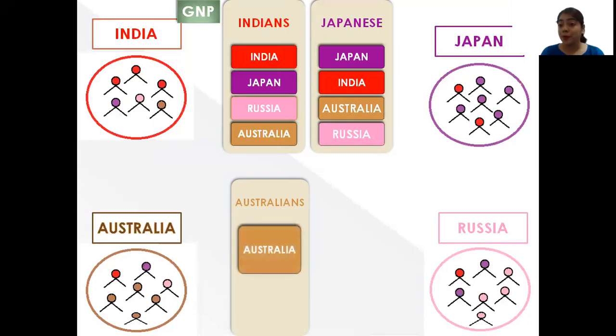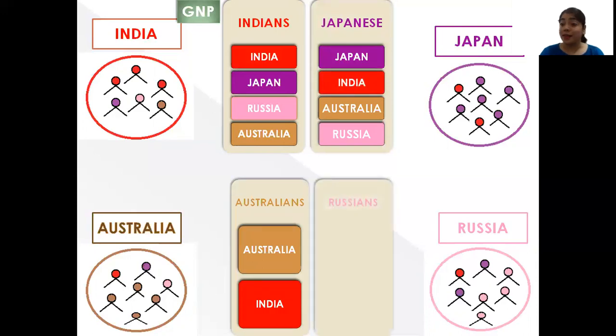Australians are producing goods and services in Australia's border, and some Australians are also working in India's border. So, as we all know that GNP is the contribution of the residents. So, if we talk about Australia, Australians' contribution we have to add to calculate the GNP.